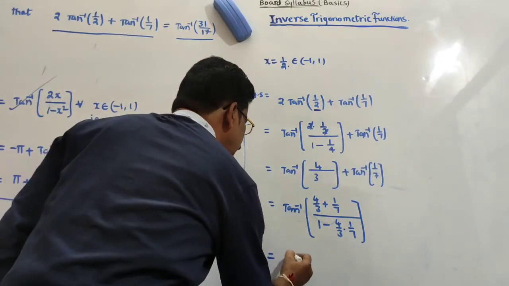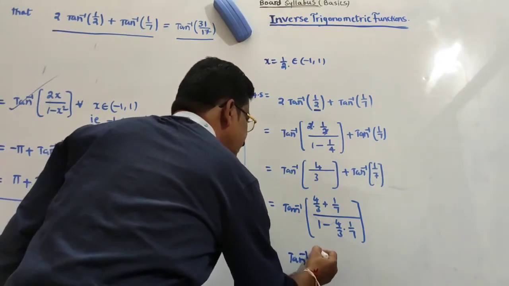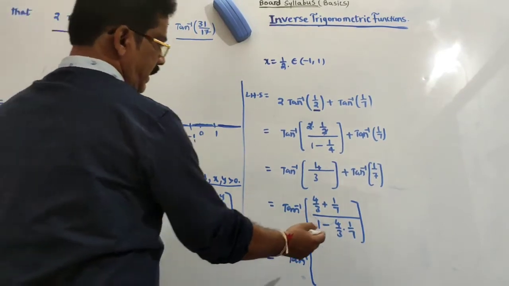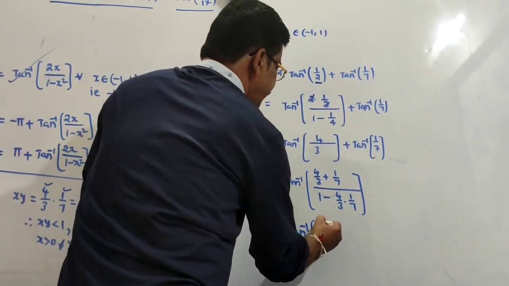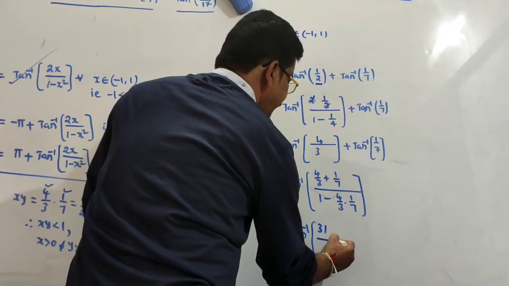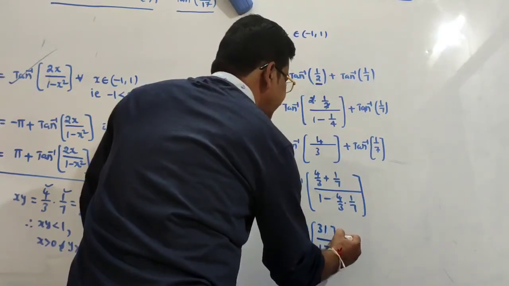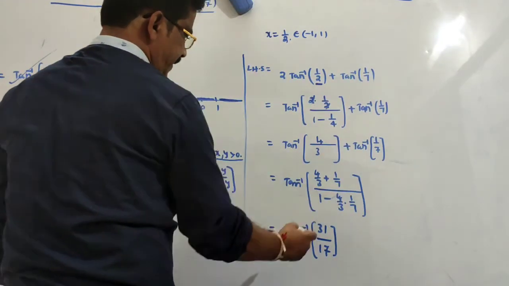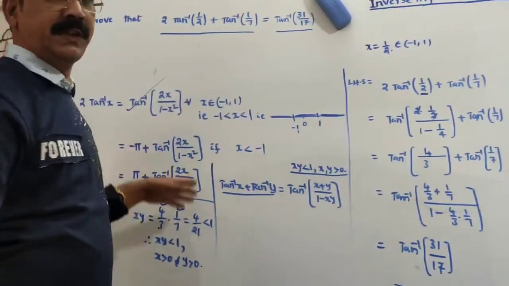Actually you can simplify it, definitely we are getting 31 divided by 17. You can verify the simplification, hence the problem is proved. This is the procedure.